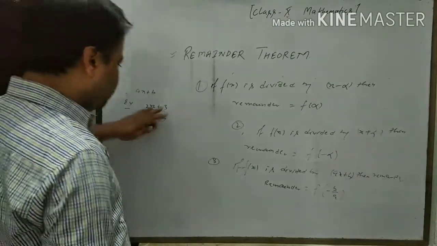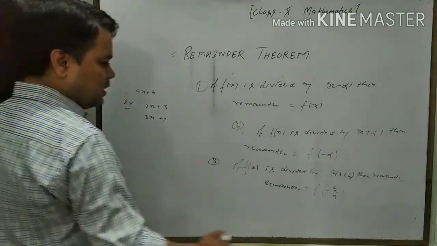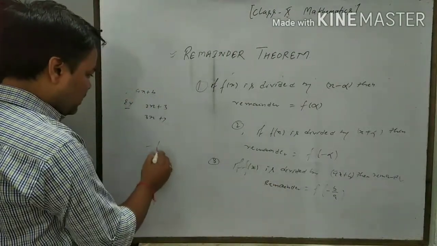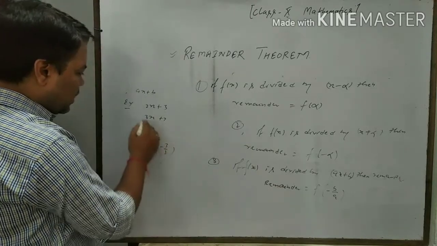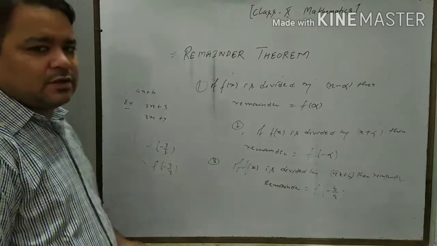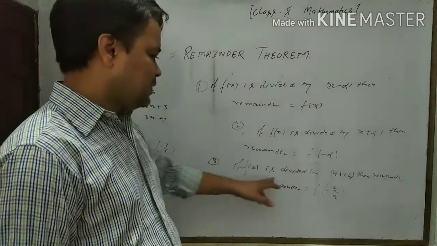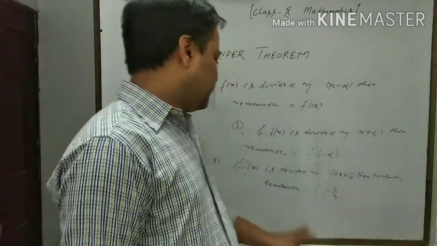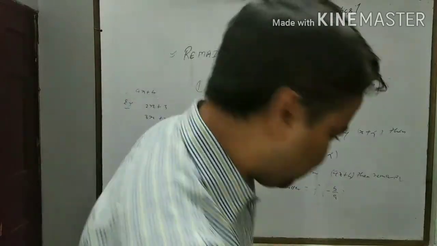Just like in this case it will be f of minus 3 by 2, and in this case f of minus 7 by 3. So if f(x) is divided by ax plus b, then the remainder is equal to f of minus b by a.